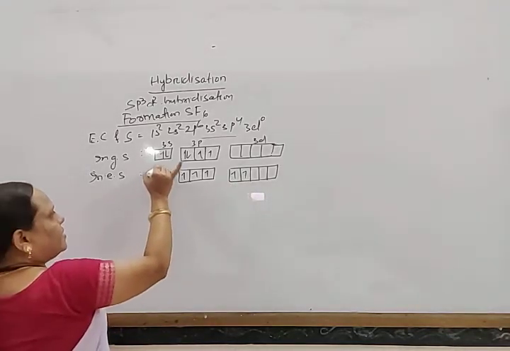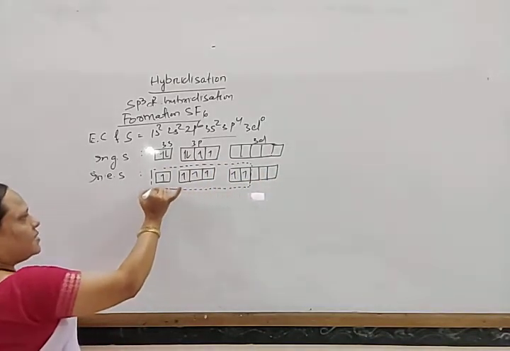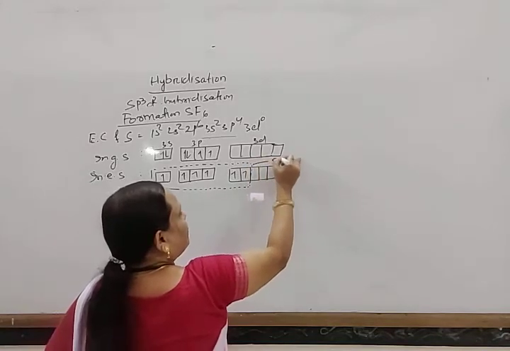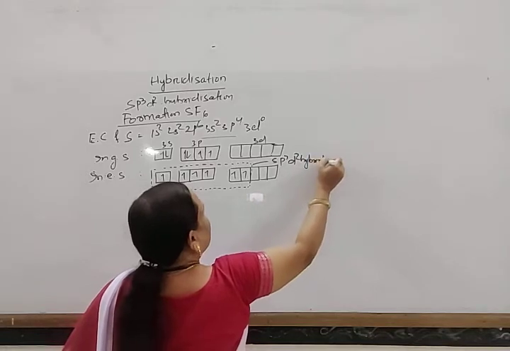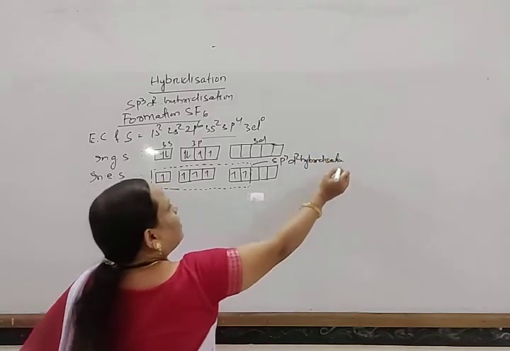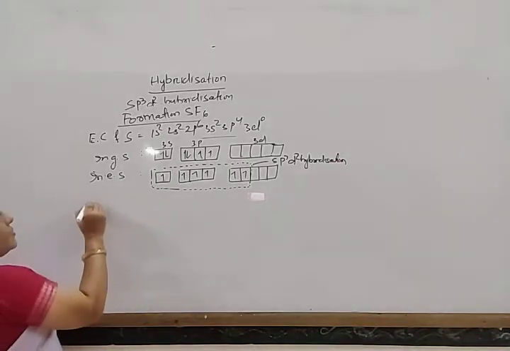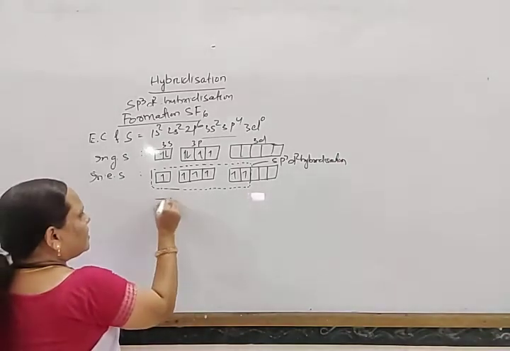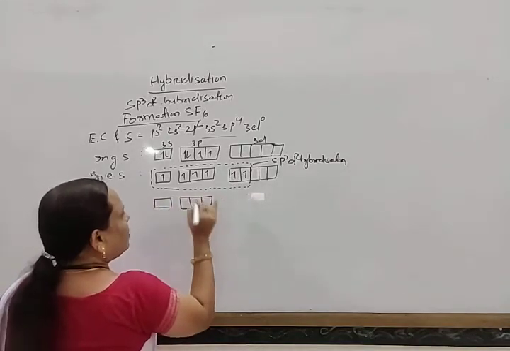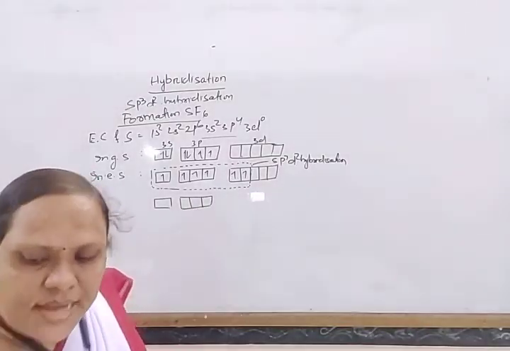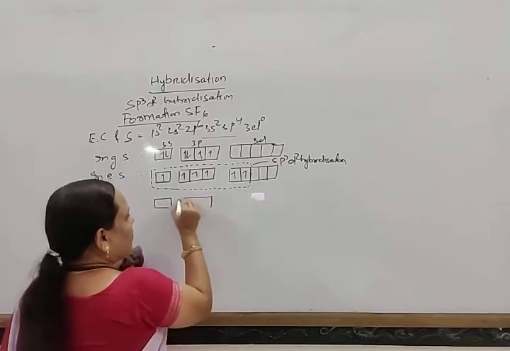Now one s, three p and two d orbitals undergo hybridization, that is sp3d2 hybridization. After this hybridization, all these hybrid orbitals have equivalent shape and all contain a single electron.